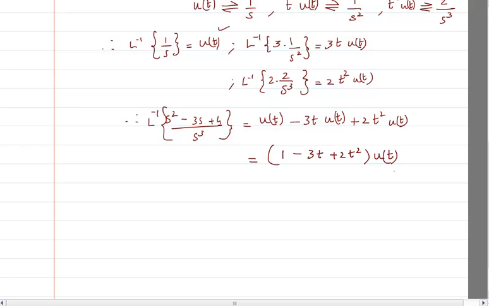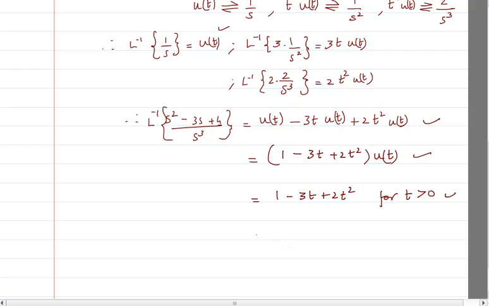But we know that u of t exists from 0 to infinity. So some textbooks may write this as 1 minus 3t plus 2t square for t greater than 0. Because for t greater than 0 only u of t will exist and its value will be 1. So you can write it in this form or this form.